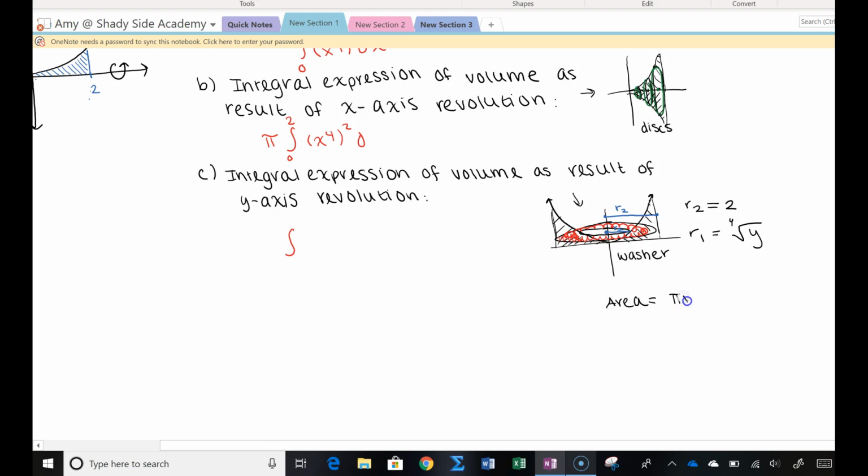So volume equals... Another root. Yes. Very good. That's just 4. I wrote two before. 2 to the 4.